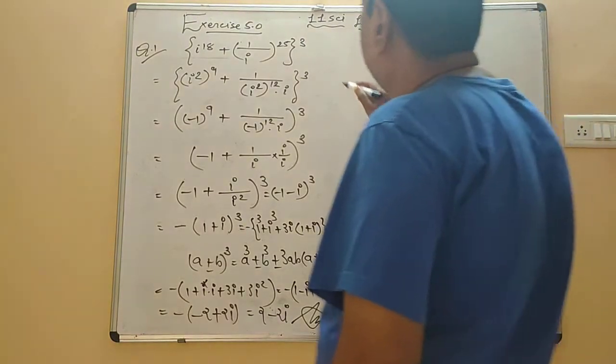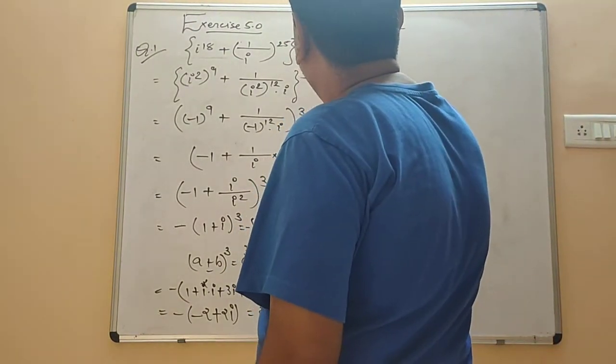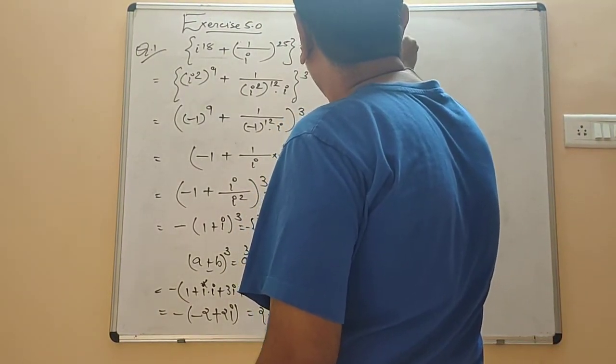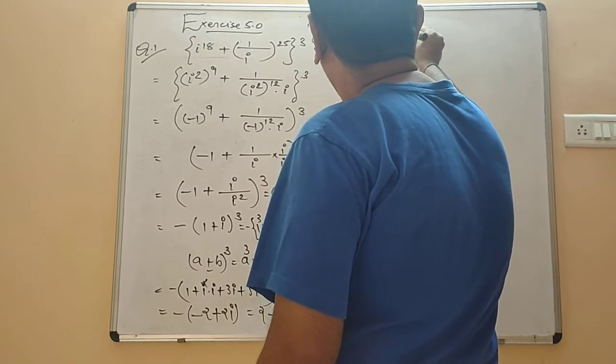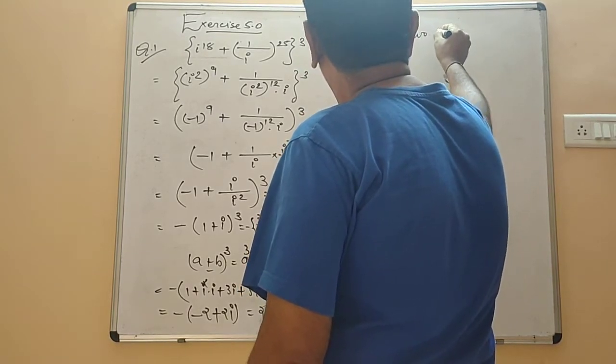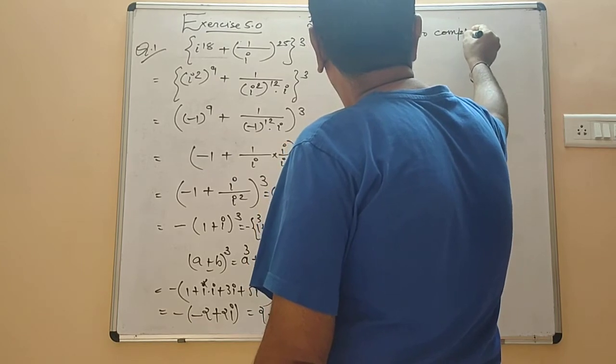Now question number 2. Z1 and Z2 are two complex numbers.